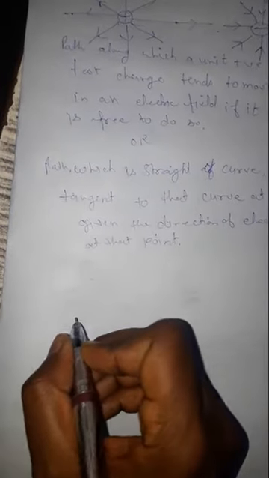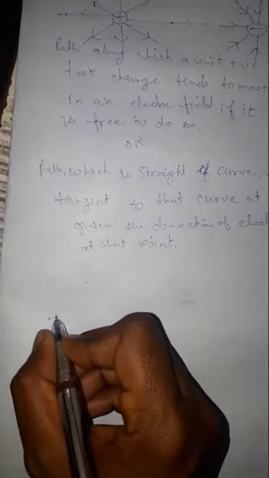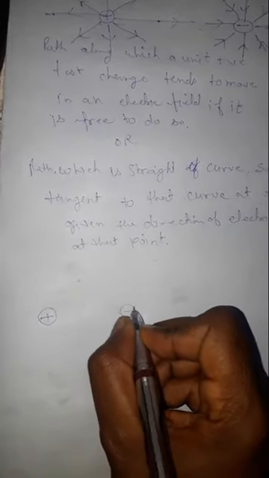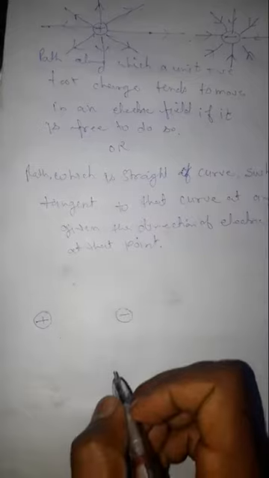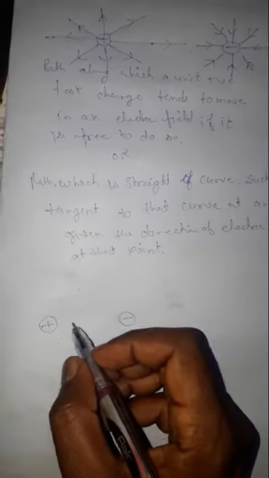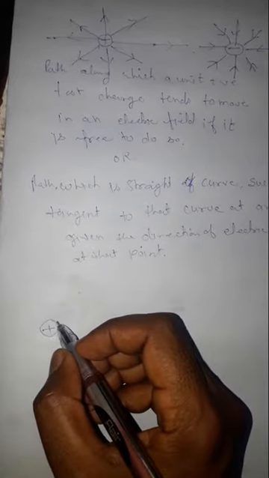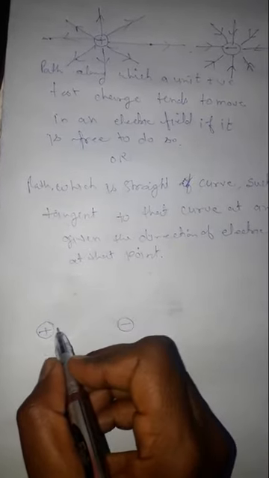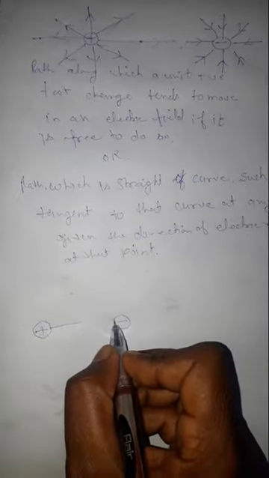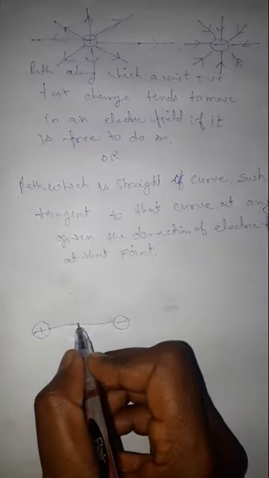Now if the charges are not isolated, it means in a system there are, say, two charges. First of all, we consider a positive charge and a negative charge separated by a small distance. Then we know that electric field lines are normally outward from the positive charge and normally inward to the negative charge.